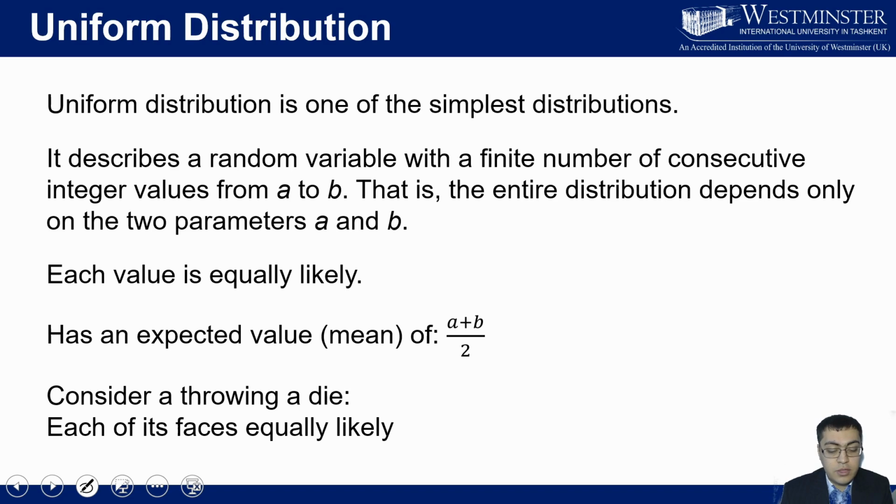For example, consider throwing a die. Each of its faces is equally likely. So there's an equal probability of you throwing a 1 or a 2 or a 3 or a 4, etc. Under a uniform distribution, the expected value is just going to be the smallest possible number plus the largest number, divided by 2.